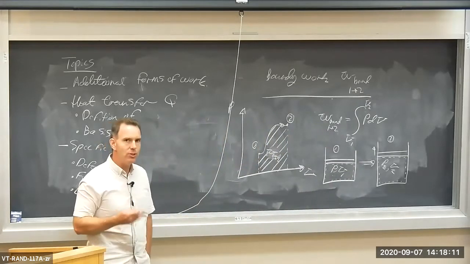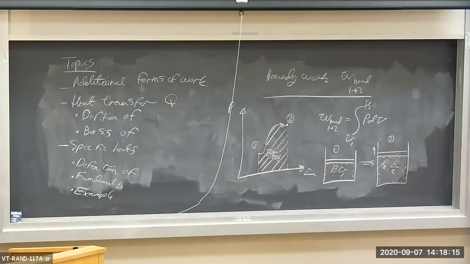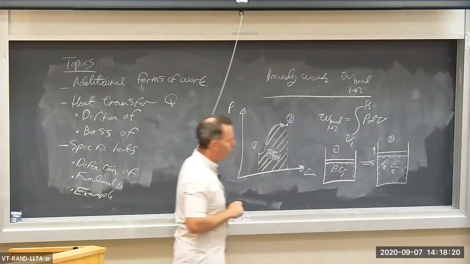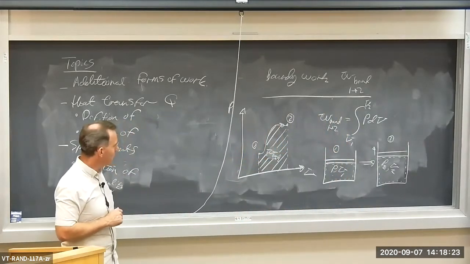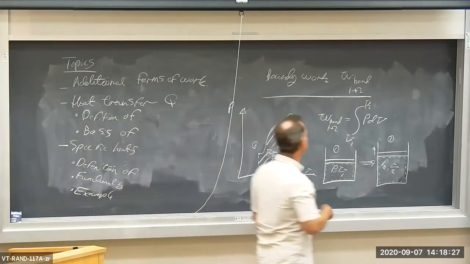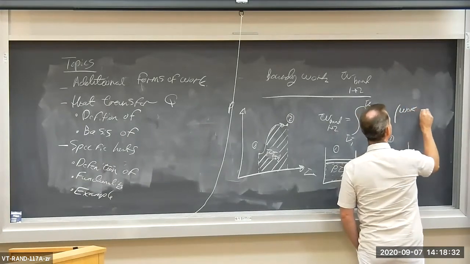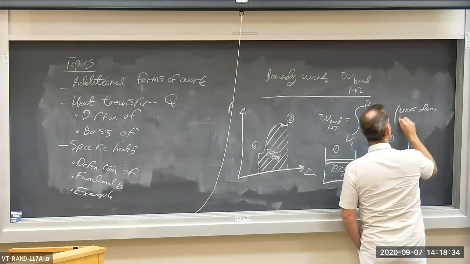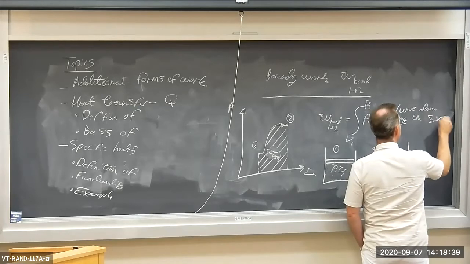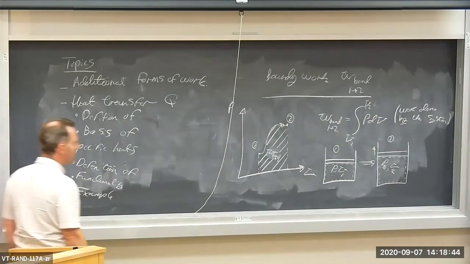So clearly the system has expanded, so it's done work because it's expanded against the weight applied by the piston, and there's a pressure inside. Because it's expanded, it's done work. So this quantity here, this integral here, is work done by the system. When the system does work, the integral of PdV is positive.